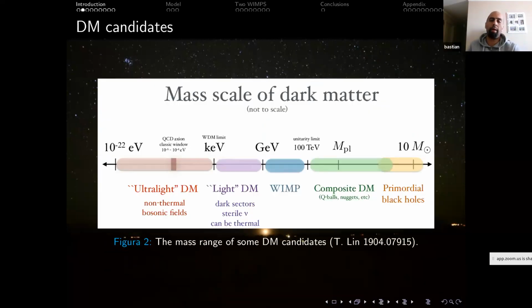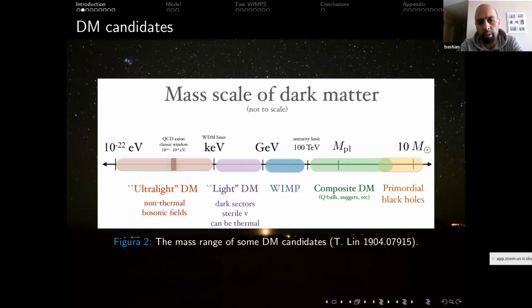So putting aside these MOND ideas, with this figure let me summarize a little bit the main candidates of dark matter that you see in the literature.